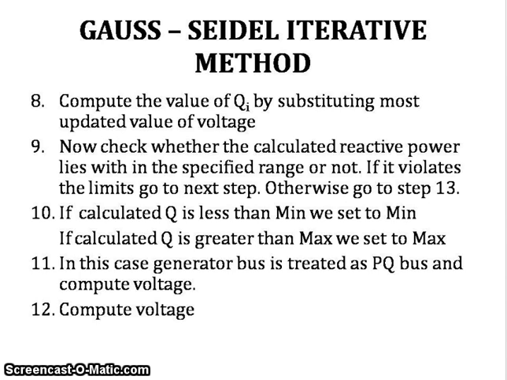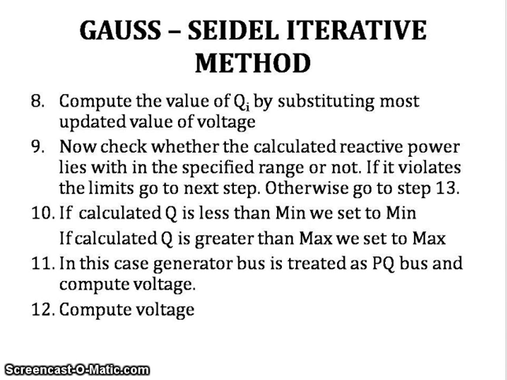Go to the next step. Compute the value of Qi by substituting the most updated value of the voltage. Now check whether the calculated reactive power lies within the specified range or not. If it violates the limit, go to the next step. Otherwise, go to step number 13.